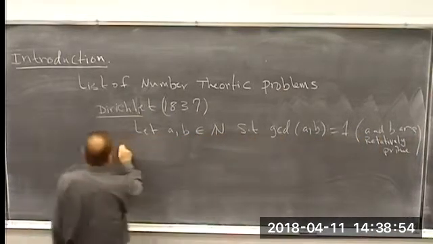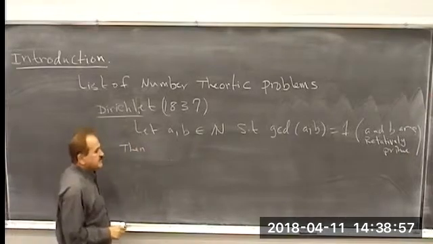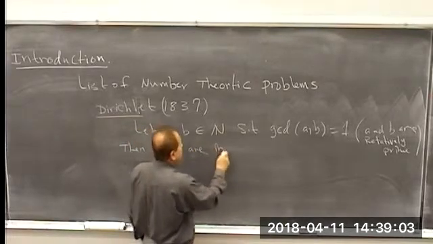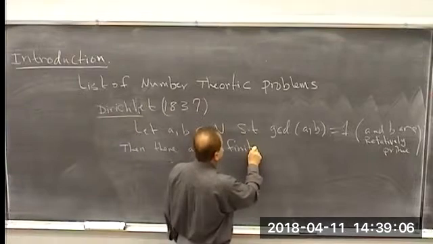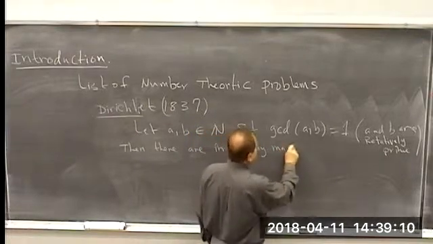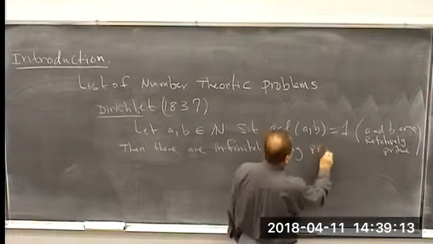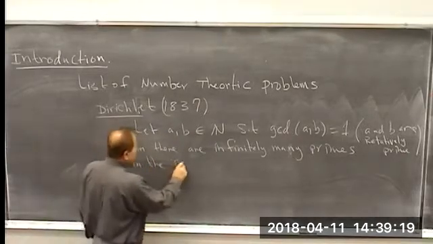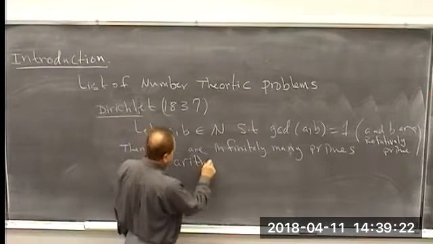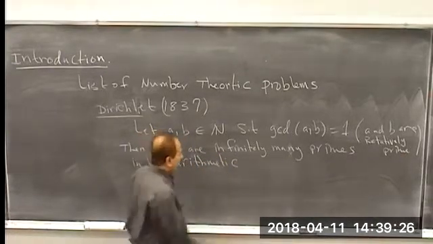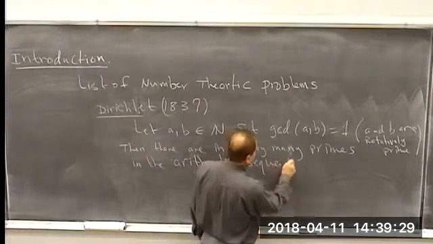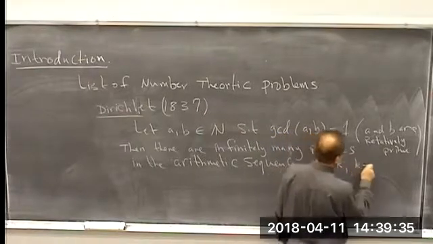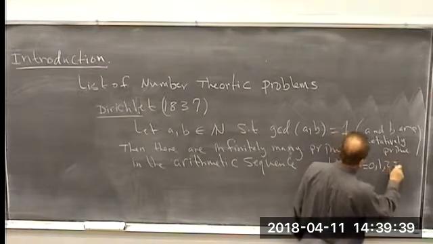Then there are infinitely many primes in the arithmetic sequence a plus bk, where k is equal to 0, 1, 2, 3, and so on.